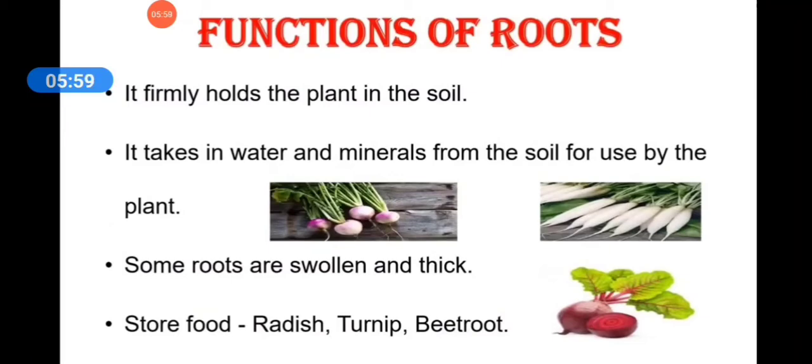Roots firmly hold the plant in the soil. They take in water and minerals from the soil for use by the plant. Some roots are swollen and thick because they store food. Examples are radish, turnip, beetroot, etc.